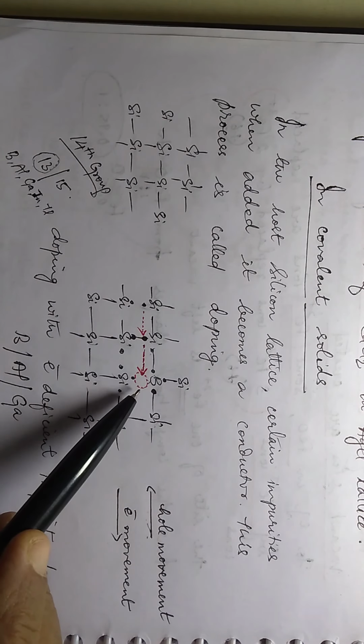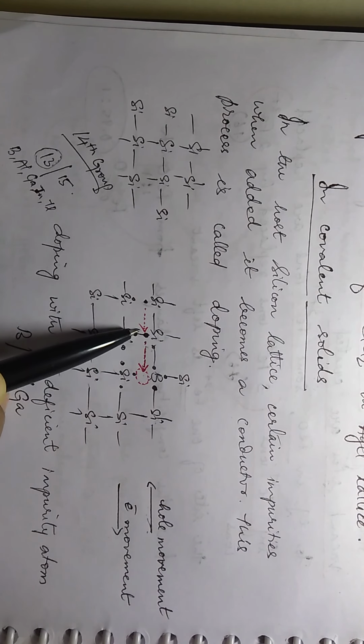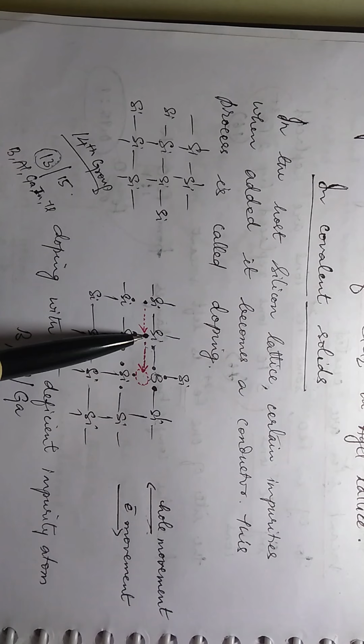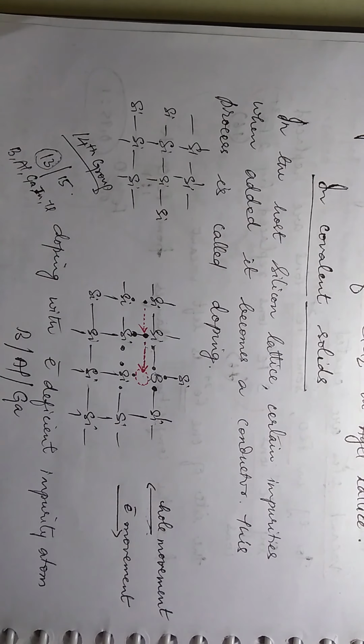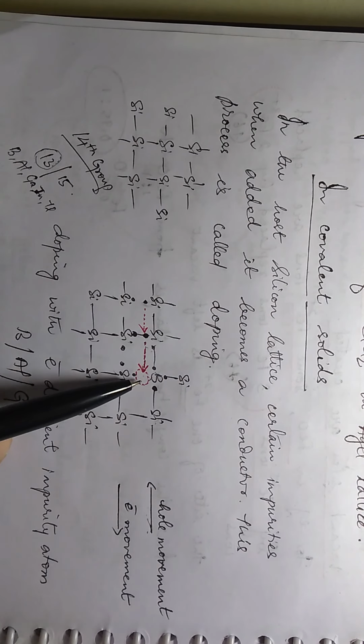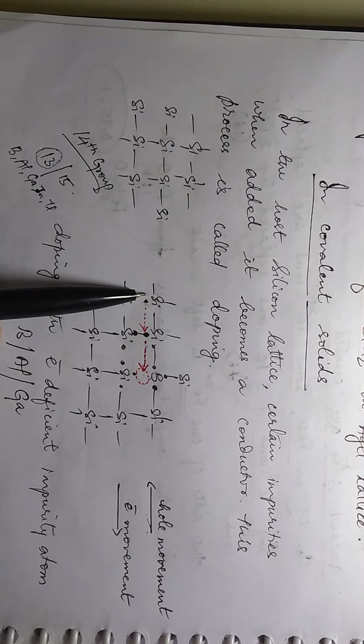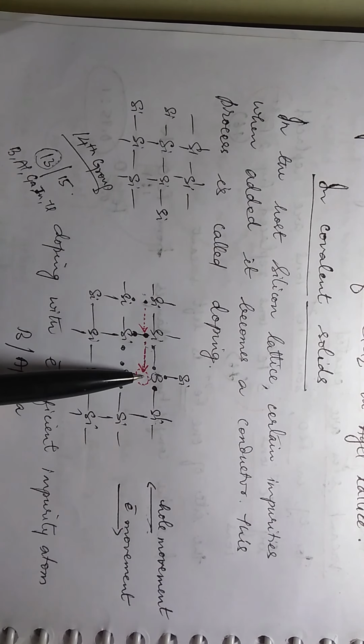Now when this is transferred, this part will become an electron hole. Immediately the electron of the next silicon will pass on to this hole. So in quick succession, the electron holes move from here to here, and the whole movement is from right to left, and the electron is shifting this way.